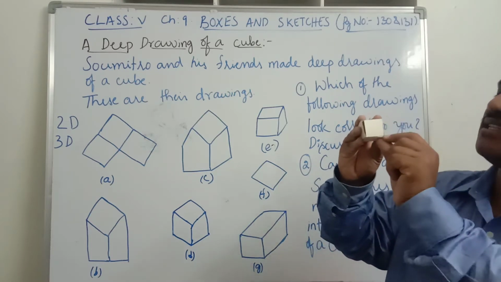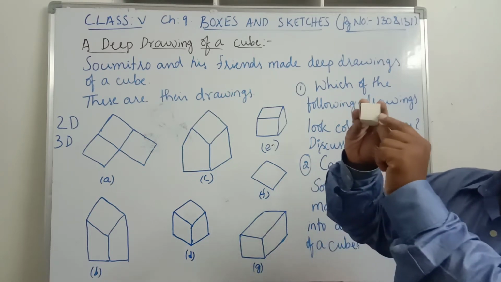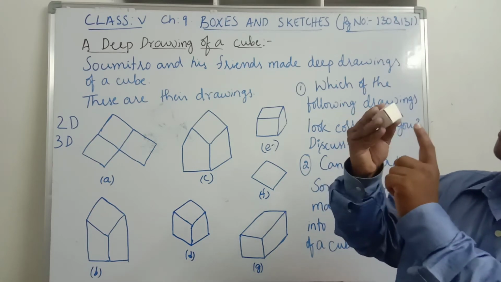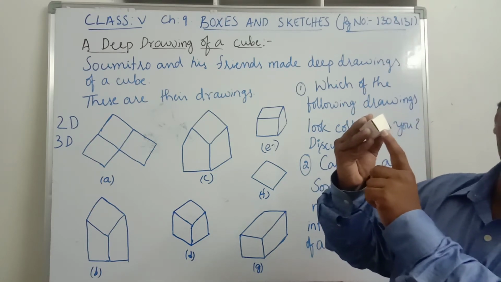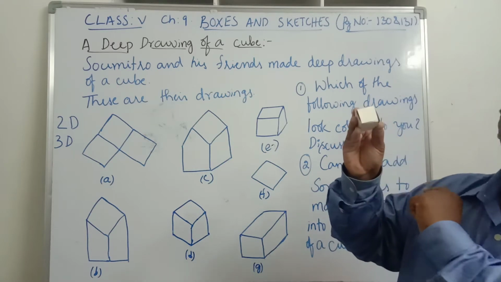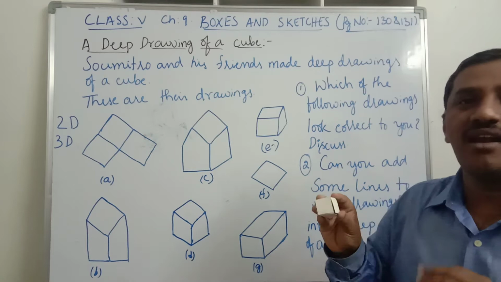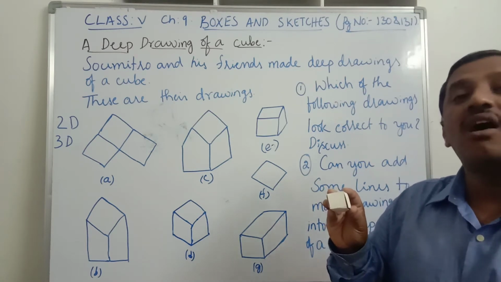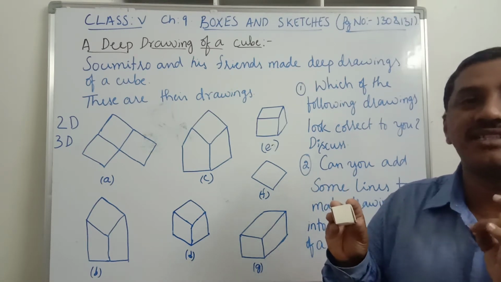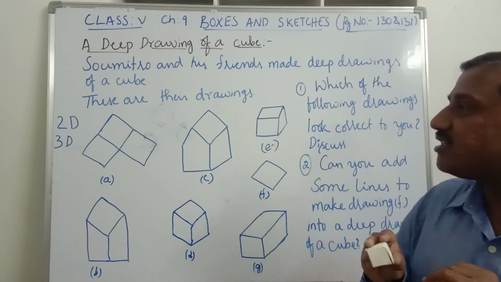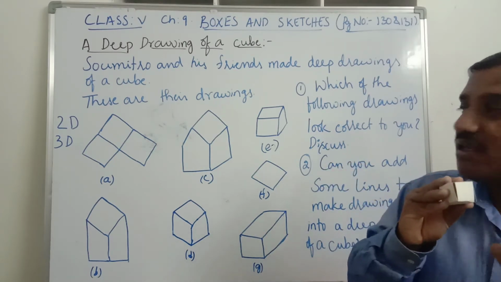You see here, this measurement is known as height, this is width, and this is the length. So the 3 dimensions of a three-dimensional figure are length, breadth or width, and height.